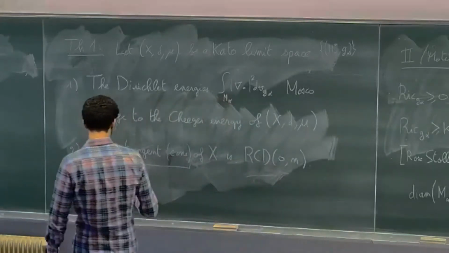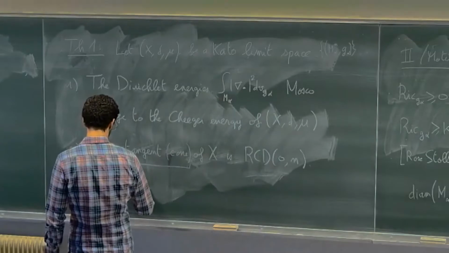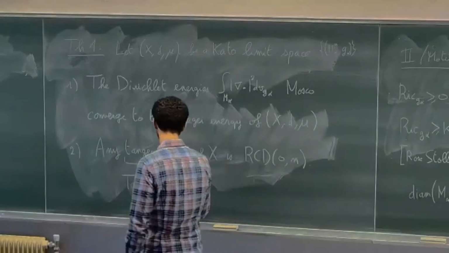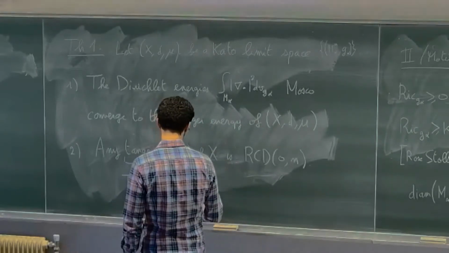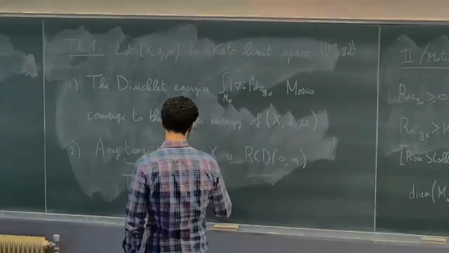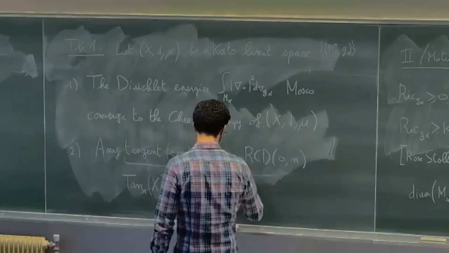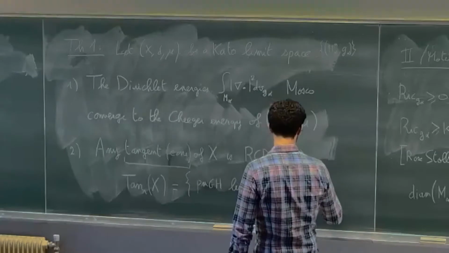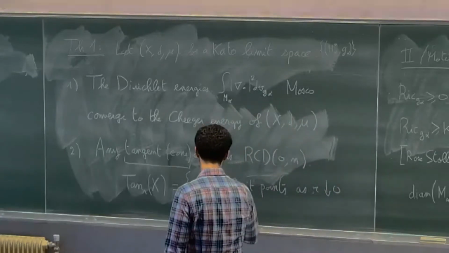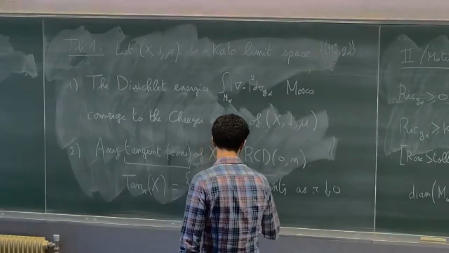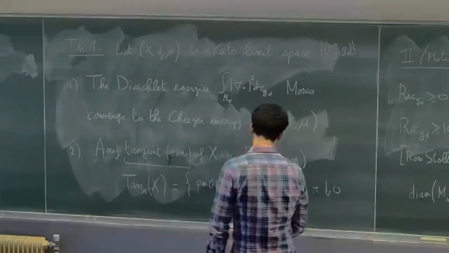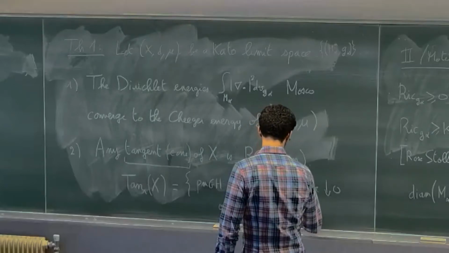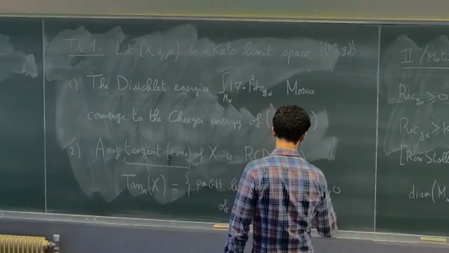Okay, so tangent cones, I will use this notation: the set of tangent cones at a given point small x of big X. So these are pointed measure Gromov-Hausdorff limit points, as r goes to 0, of the rescalings r^{-1} X.